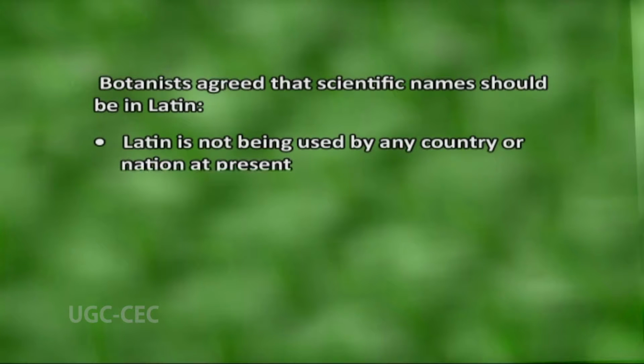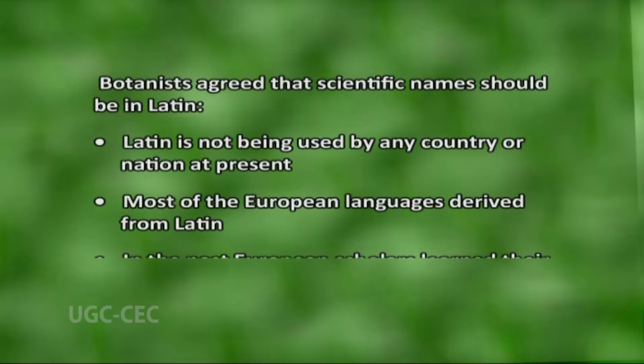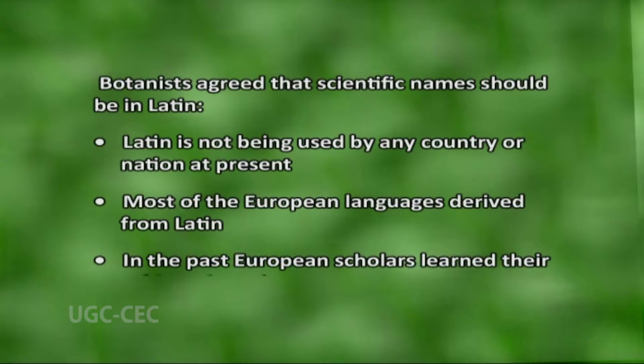Firstly, this language is not being used by any country or nation at present. Secondly, most of the European languages are derived from Latin. Thirdly, in the past, European scholars learned their subjects in Latin.